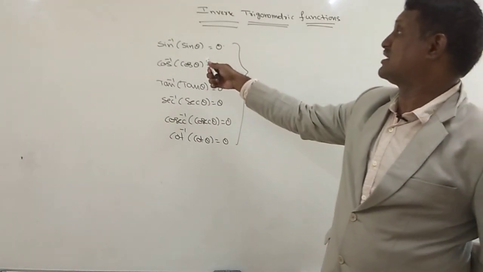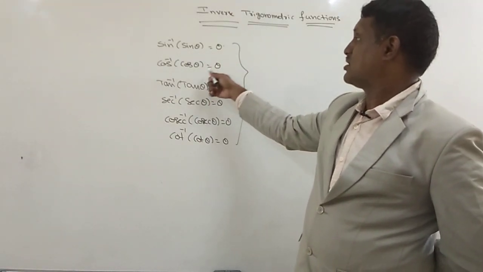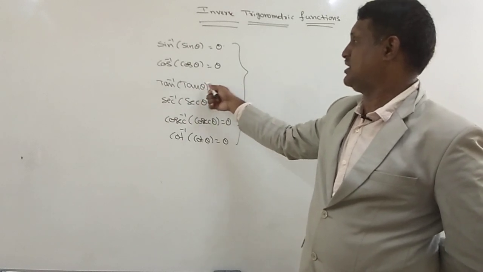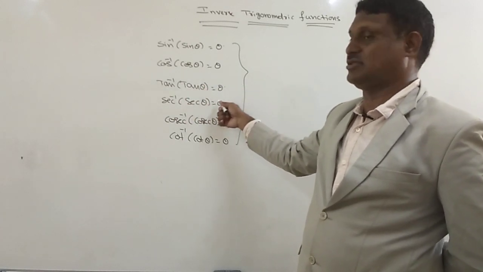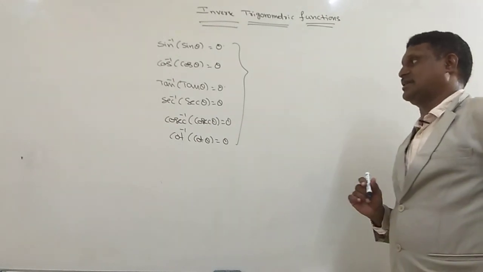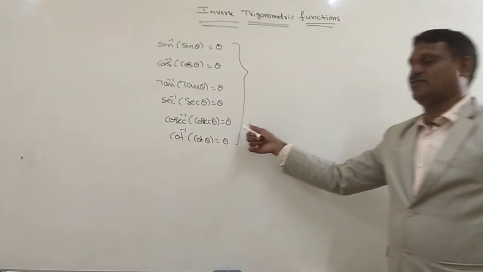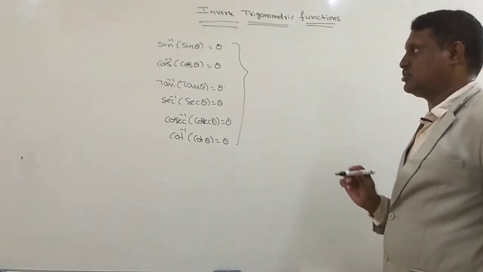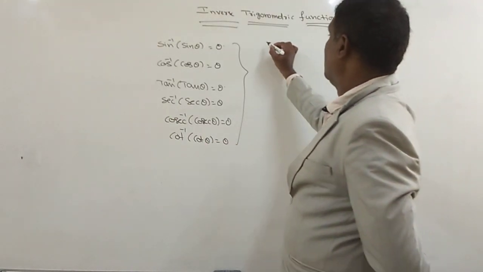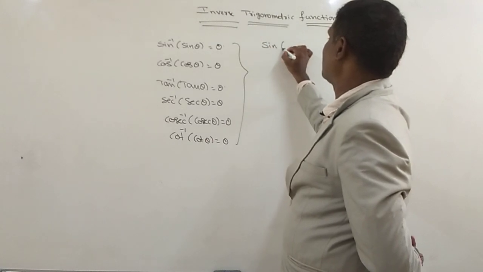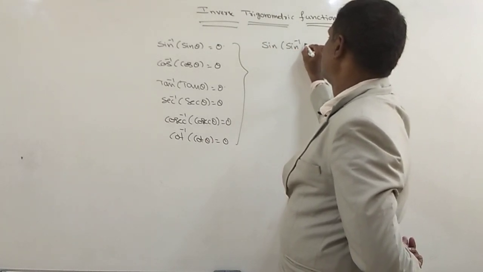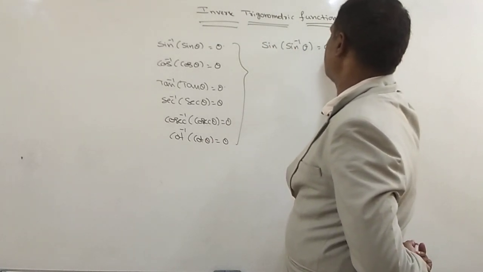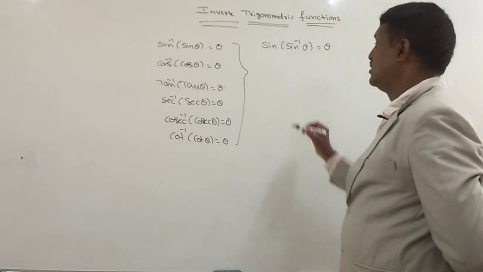So now sin inverse of sin theta is equal to theta. Cos inverse of cos theta equals theta, tan inverse of tan theta equals theta, secant inverse of secant theta equals theta, cosecant inverse of cosecant theta is equal to theta, cot inverse of cot theta is equal to theta. Similarly, if you take sine of sine inverse theta, then also we will get theta.